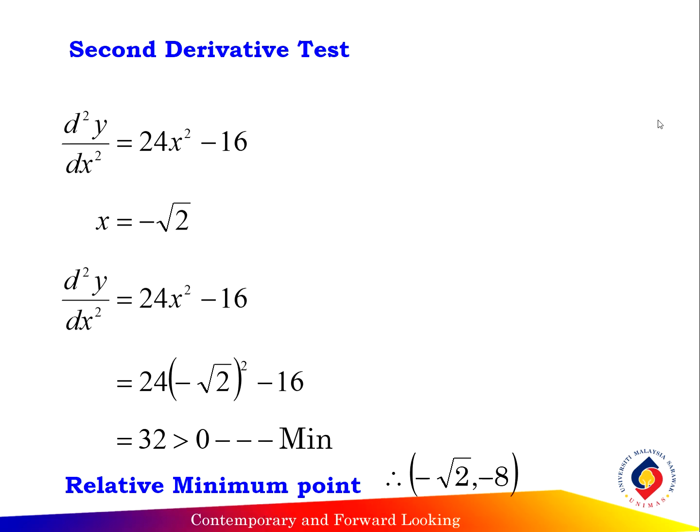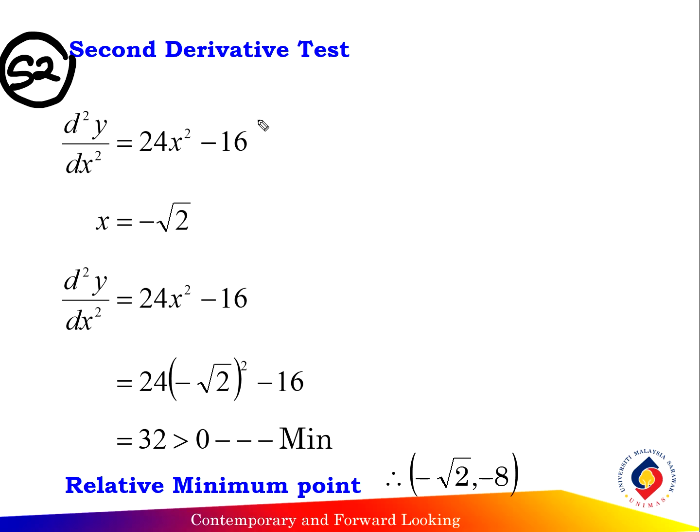Step 2, you find the relative extremum point using the second derivative test. The first derivative equals 8x cubed minus 16x, and you find the second derivative of the function.